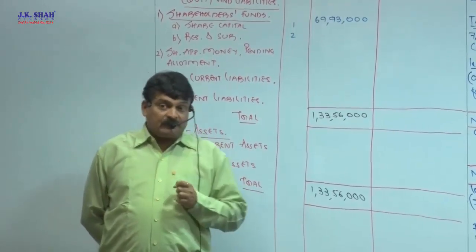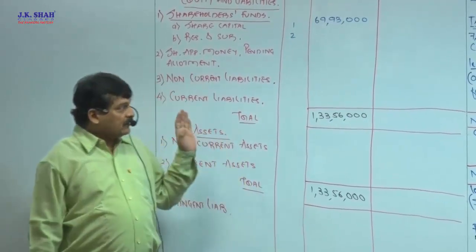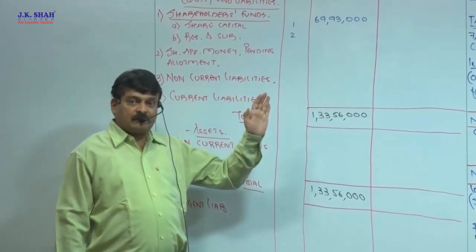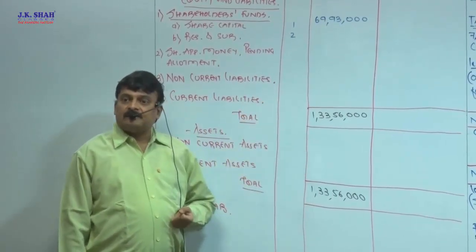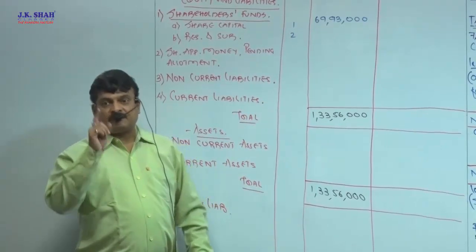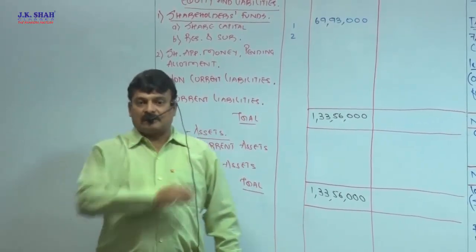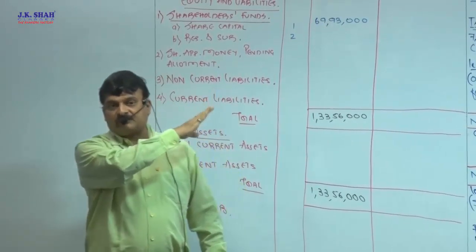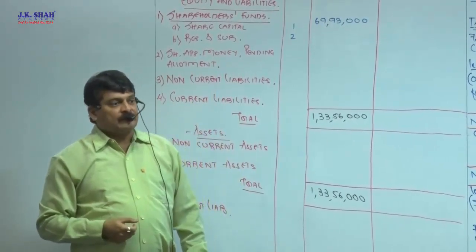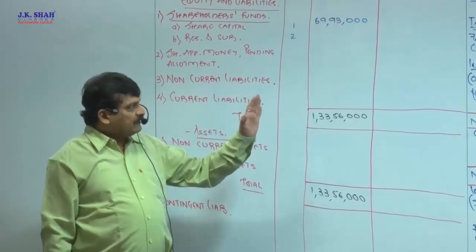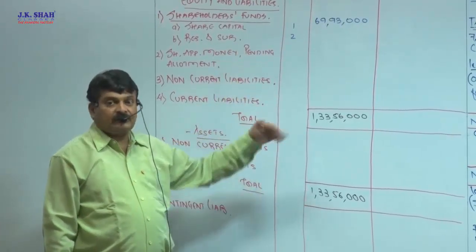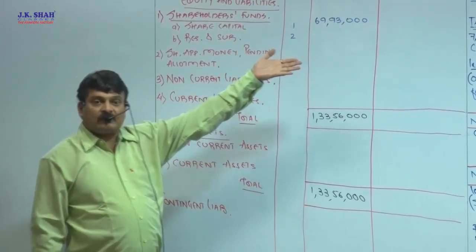As I told you at the beginning, this was just a bird's eye view, a basic concept for you to be cleared. I repeat my statement: when we actually start company final accounts in your syllabus, each of these will be taught in much more depth. Today it was just a basic idea of what is the face of balance sheet and what are notes to accounts.